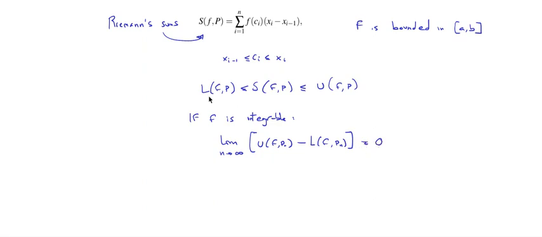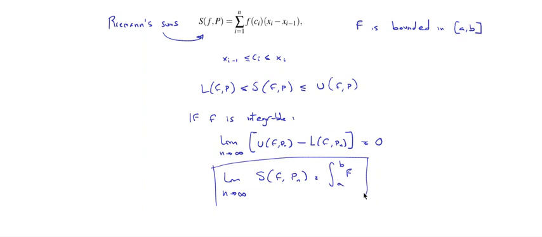But now using the sandwich theorem, this implies that both the upper and lower sums go to the integral. So using the sandwich theorem, if you choose any sequence of partitions that get finer and finer so that this difference goes to 0, the limit of the Riemann sum with respect to that partition is going to be the integral.